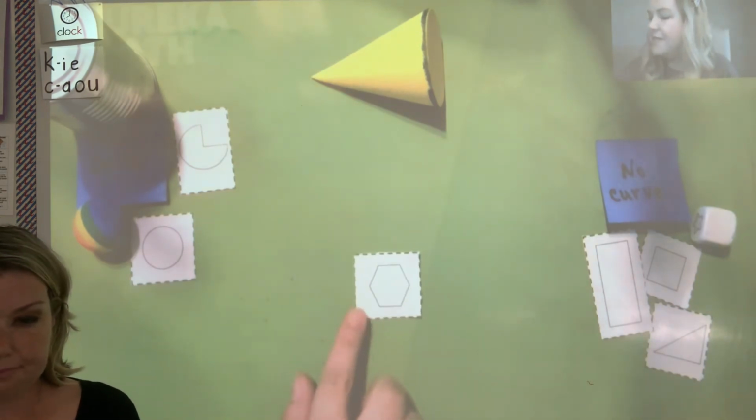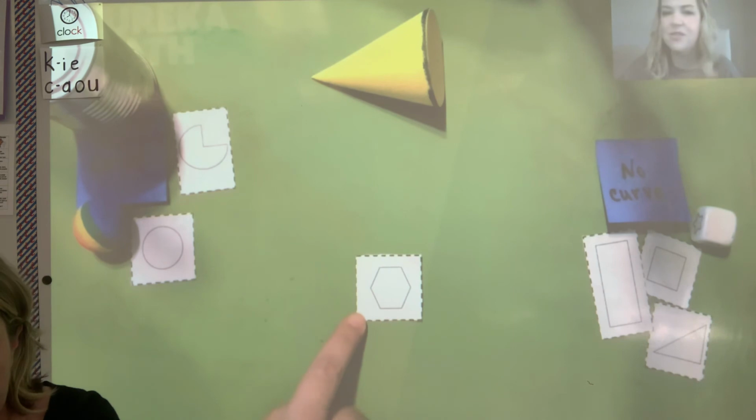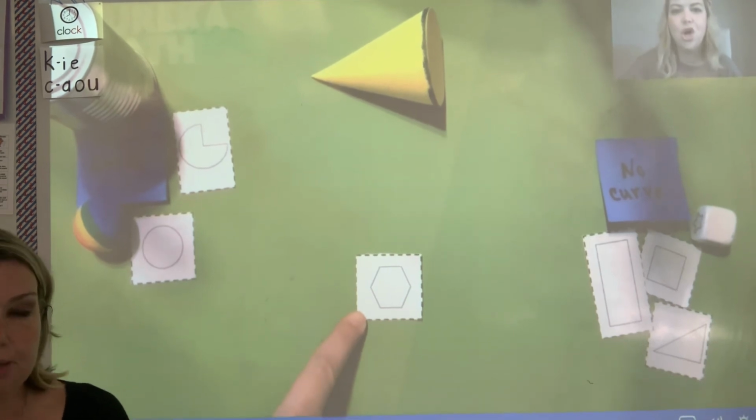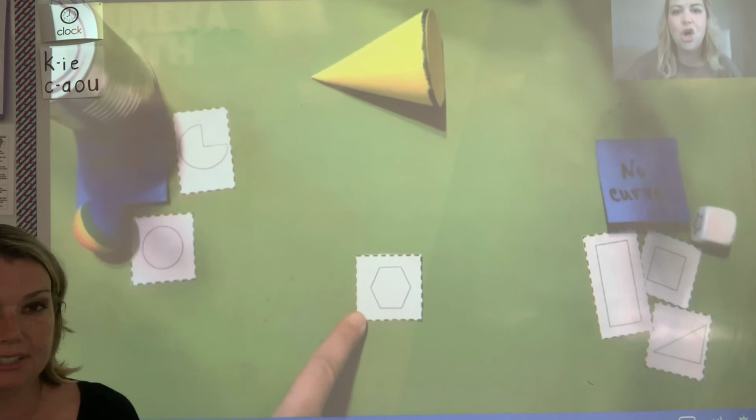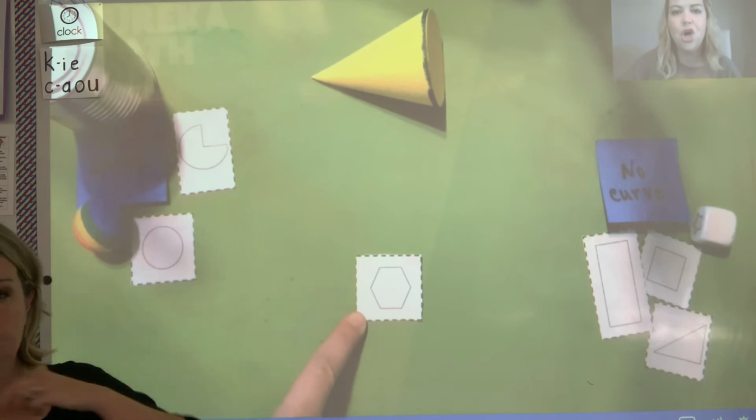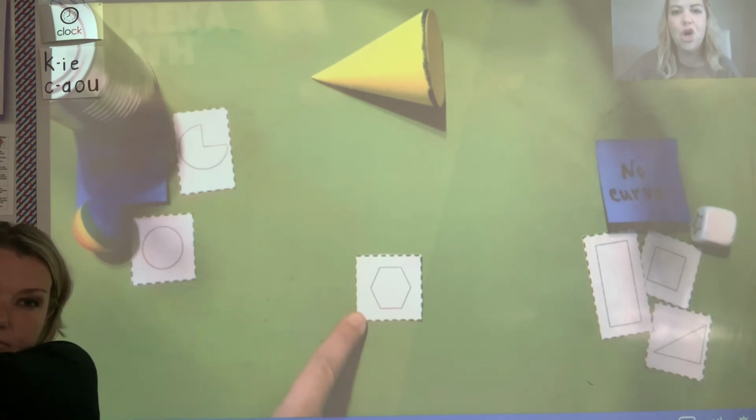And what about this shape? What do we know about this shape? What's it called? We haven't said it in a long time. Who remembers what this shape is called? Hexagon.